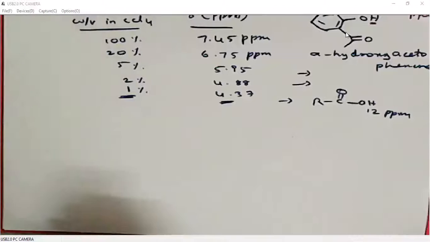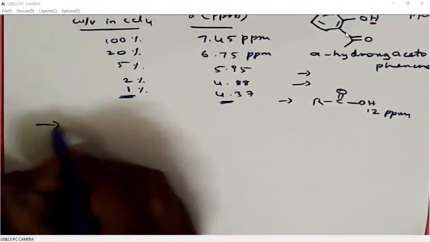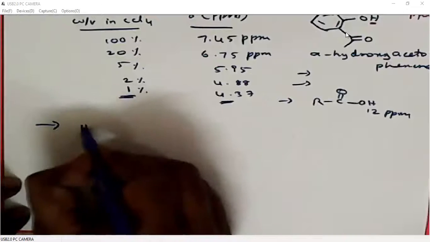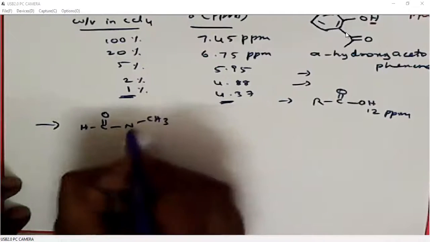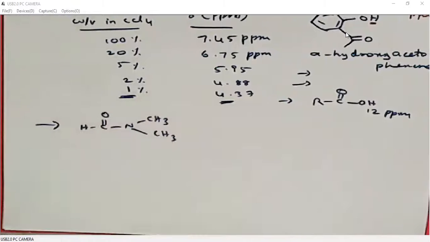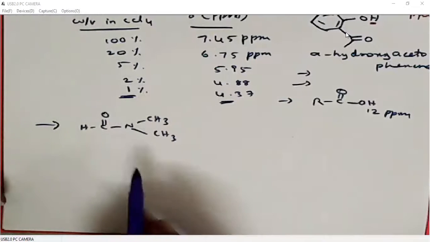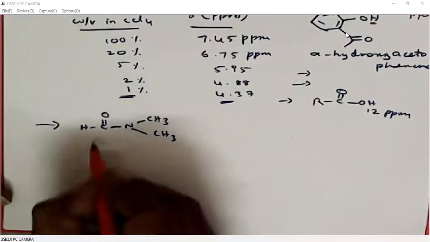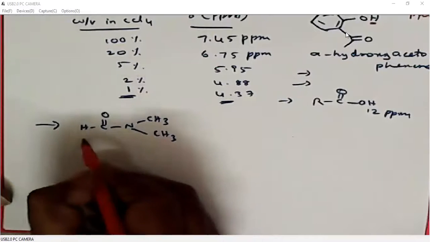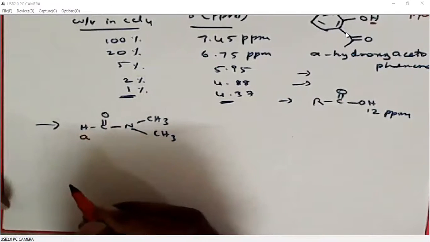We were discussing the amide. In this case, this is N,N-dimethyl formamide. Now we have an aldehydic proton, so it will have a very high delta value.